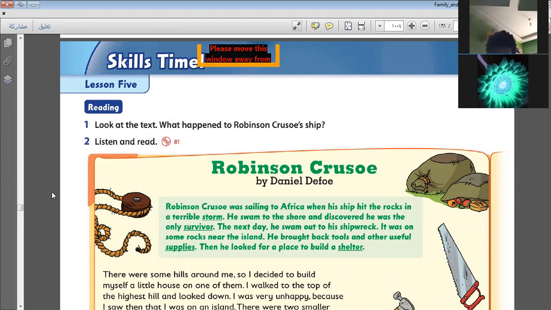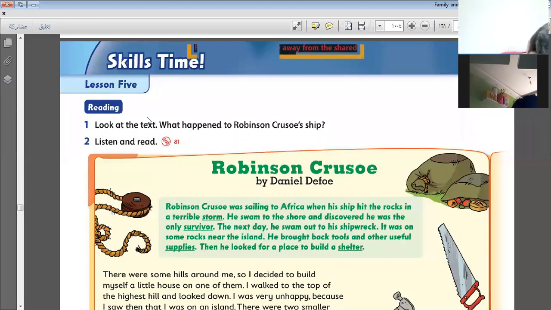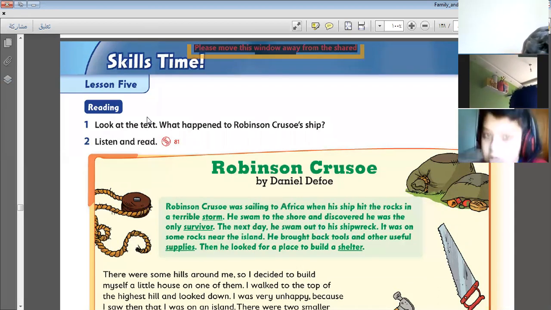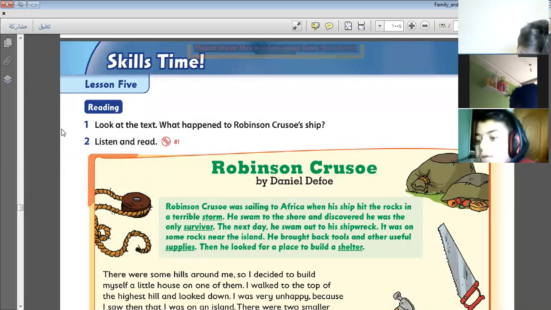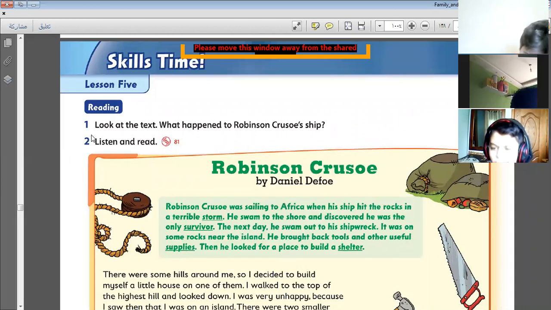Now we have 25 lines, line 25. We are on page 88 in the student book, skills time, lesson number 5, reading.